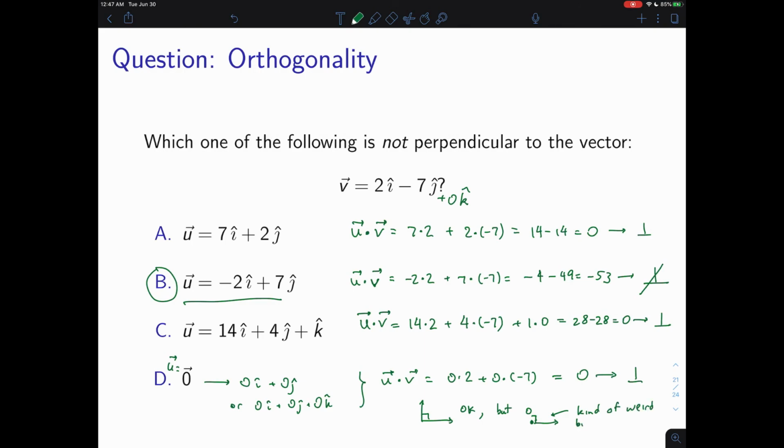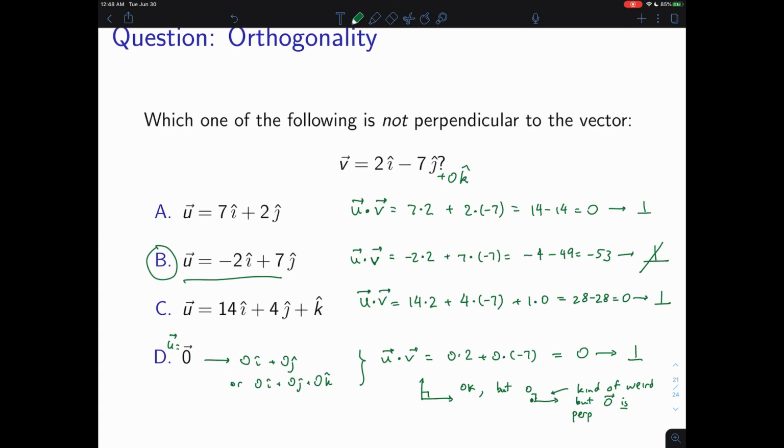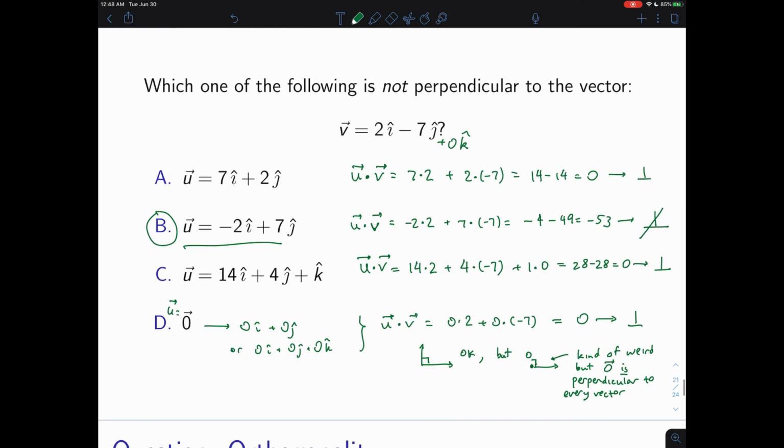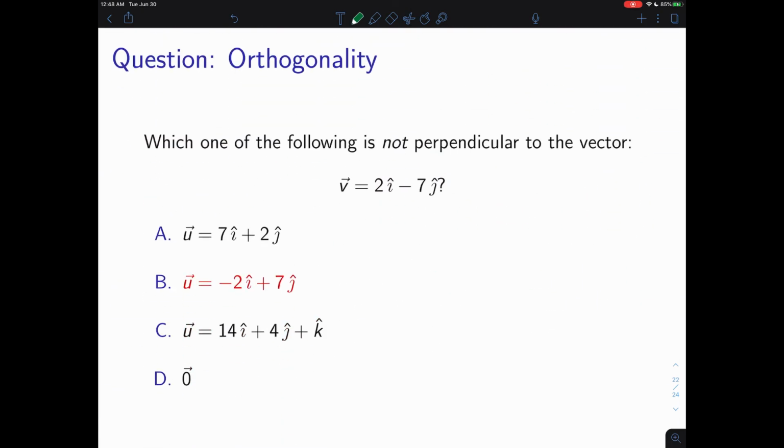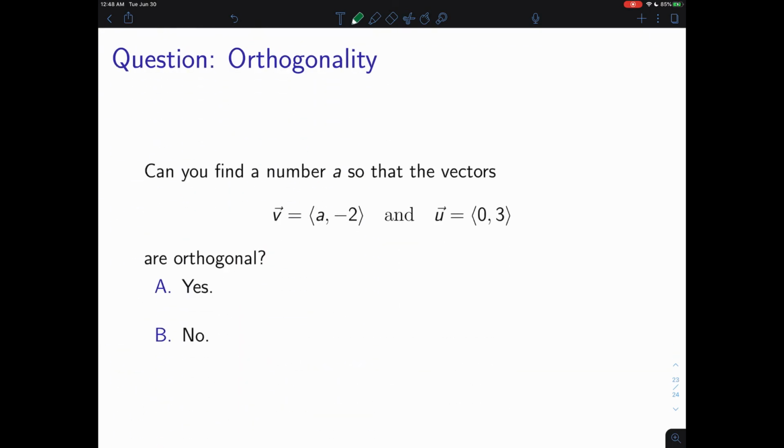It's kind of weird, but 0 is perpendicular to every vector. If you think that's weird, 0 is perpendicular to every vector, including itself. That's weird. But that's how it is. Thank you, slides, for telling us the answer. We already know.